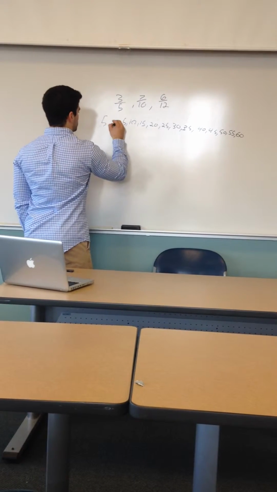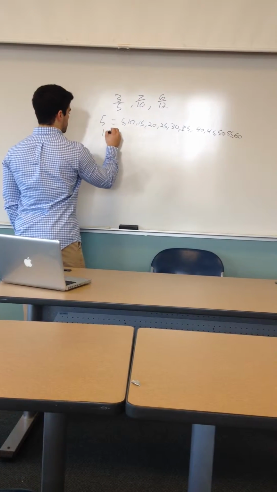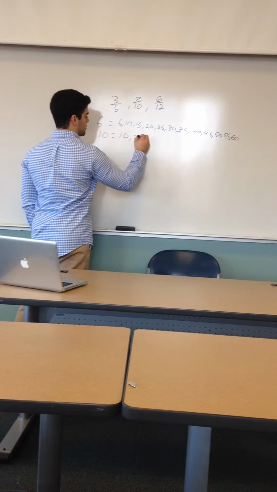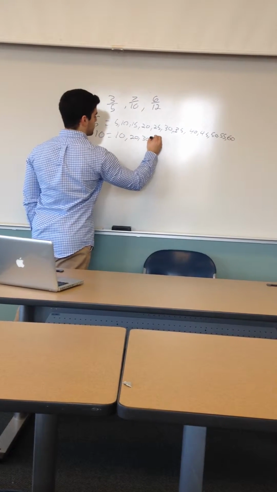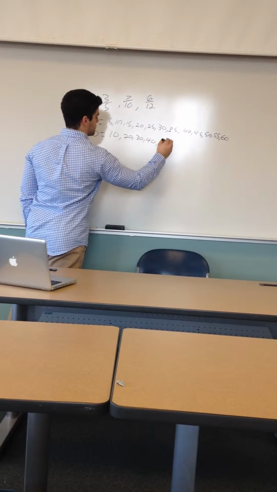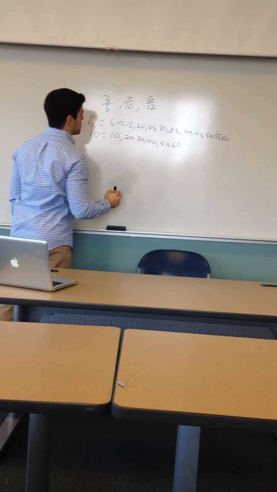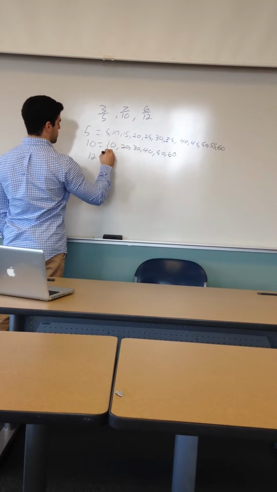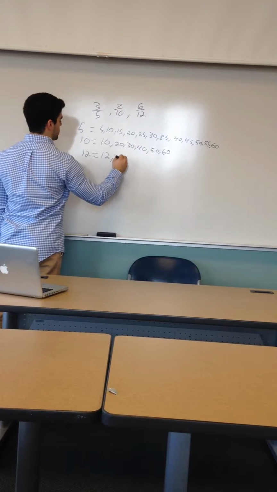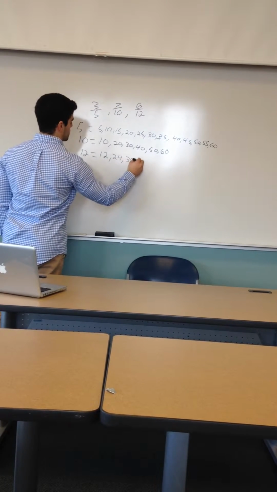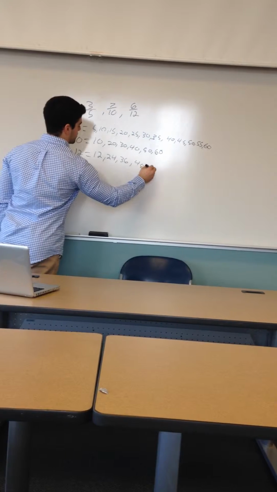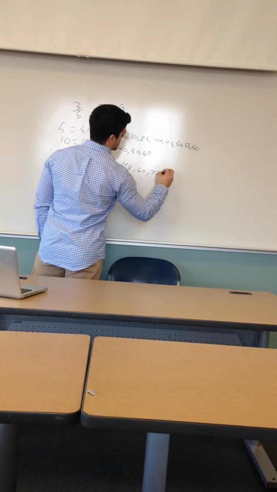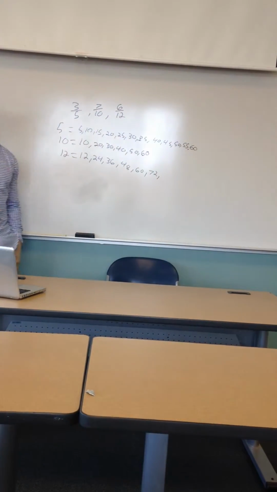So this is 5. Okay, so now we're going to do multiples of 10. It's 10, 20, 30, 40, 50, and 60. And then we're going to do multiples of 12. 12, 24, 36, 48, 60, 72, and that's enough.